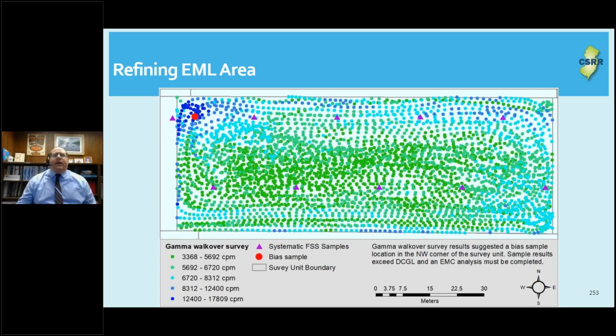If we selected a bias sample within that dark blue area, and found this bias sample to be an elevated measurement location, you can see how walkover data and surrounding sample locations may help to bound a hotspot discovered in surface soils. You would also consider adding bias samples to bound the hotspot with analytical data points closer than the nearest systematic sample locations. And because it's in the corner of a survey unit, you may have to look to neighboring survey units for nearby samples as well. Next.